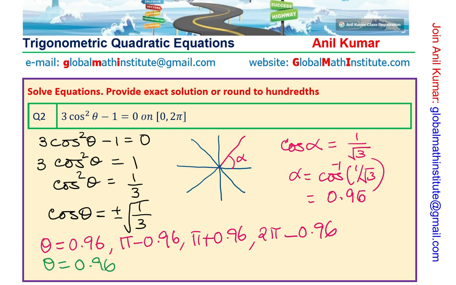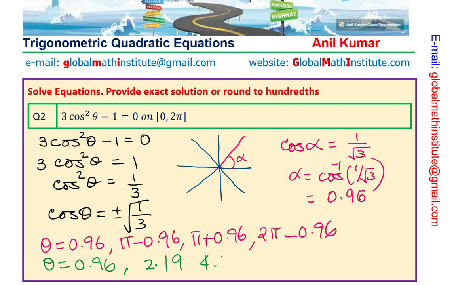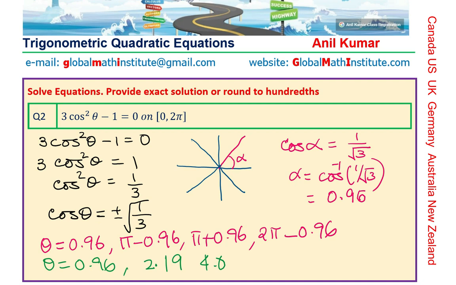The other one is 2.186, rounding to the hundredths, 2.19. Now we have pi plus 0.955. I'm adding 0.955, okay? And what I get here is 4.096. So I'll write this as 4.10.